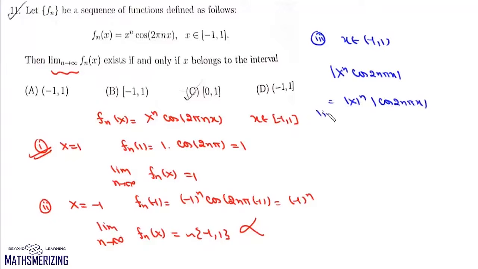And if we take this limit n tends to infinity, now this is an oscillating value from 0 to 1, and since mod x lies between 0 and 1, this is 0. Now 0 into anything finite is simply 0. In this case also, this limit exists. So this limit will exist if and only if x belongs to the interval where minus 1 is not included and 1 is included, and that's your option D.